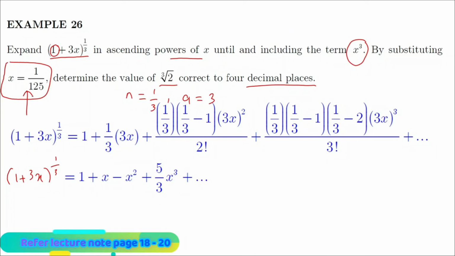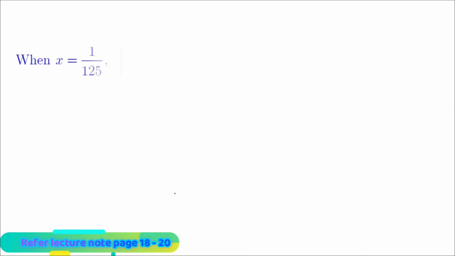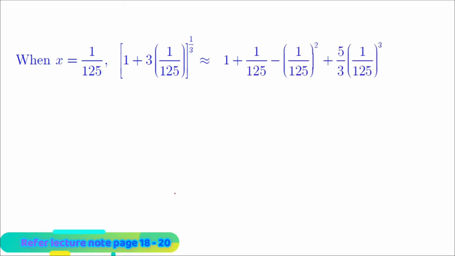So then we have to substitute x equals 1 over 125 into the x for both sides of the equation, the left-hand side and the right-hand side. Therefore, we have the following equation.